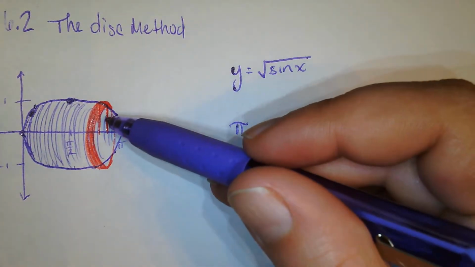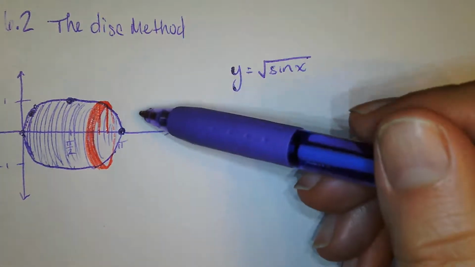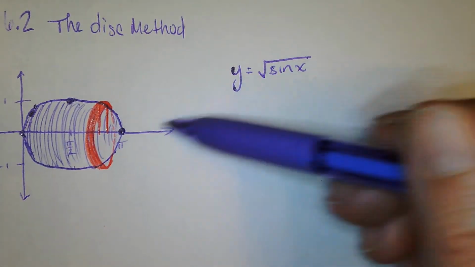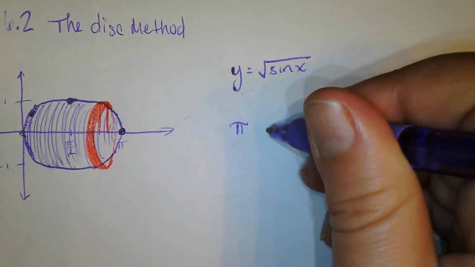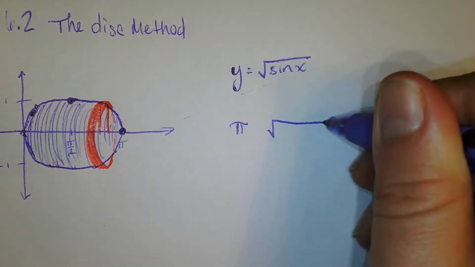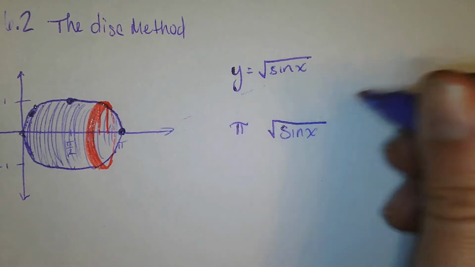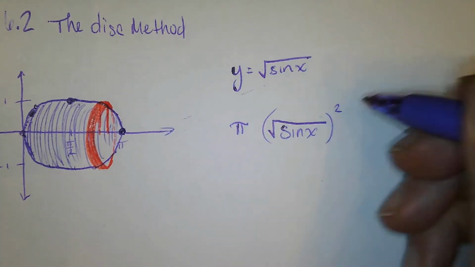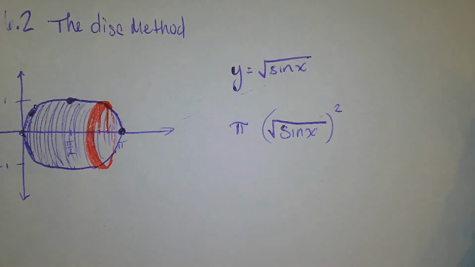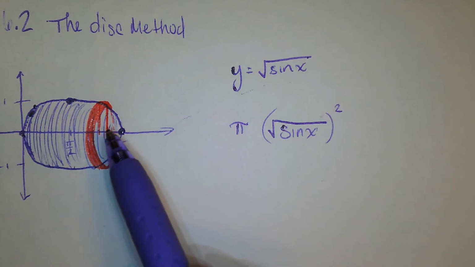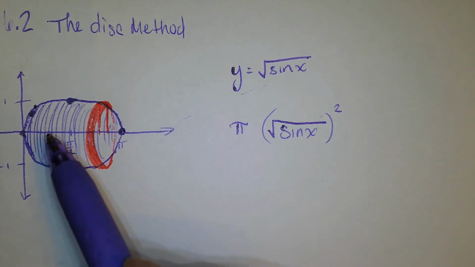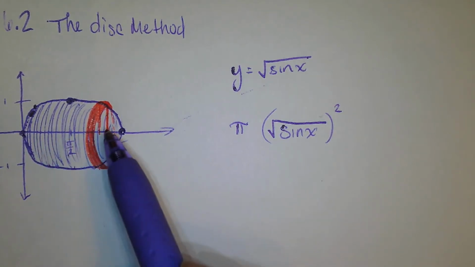The radius is going to be figured out by using the function, because the radius here is the value of the function. So pi times the value of the function, the square root of sine x, squared. And then the height, or in this case, because the discs are turned sideways, the width, is determined by that delta x, like this little piece. So right now this cylinder is delta x.